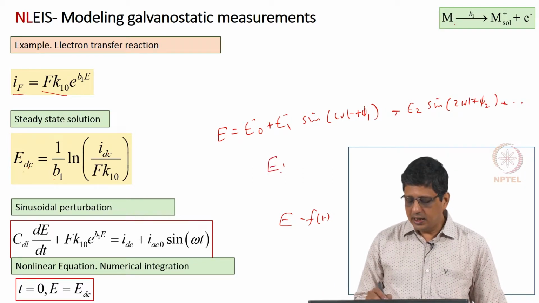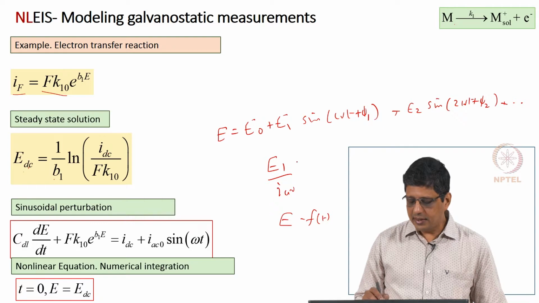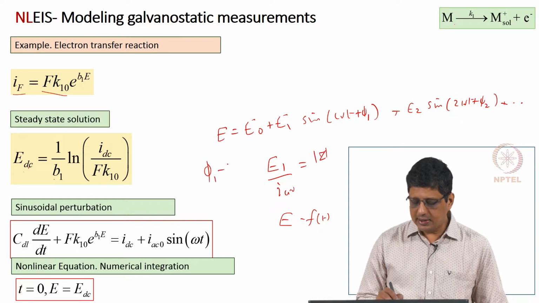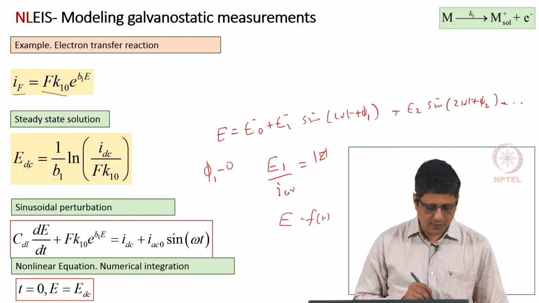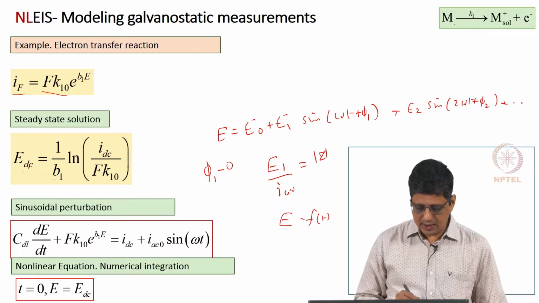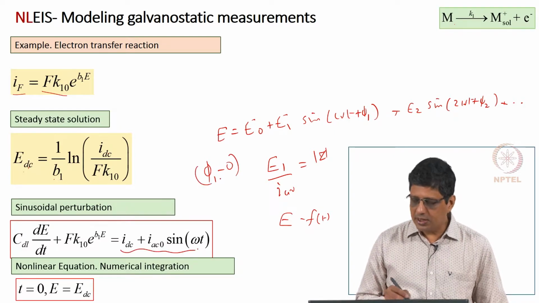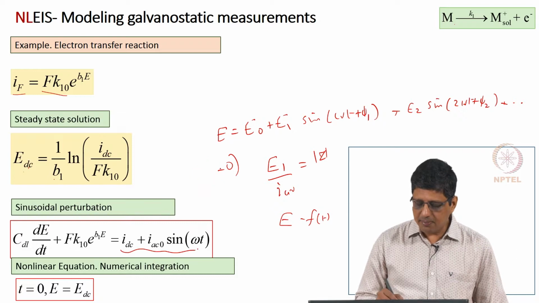And we take E1 by IAC0 as the magnitude of the impedance. We take phi 1 minus 0 because we give the current at time t equal to 0, we say it is EDC, and after that this is the expression which describes the current. So, phi 1 minus 0 gives us the phase of this impedance.